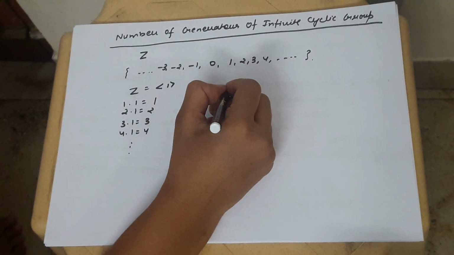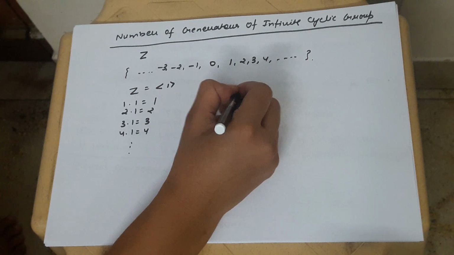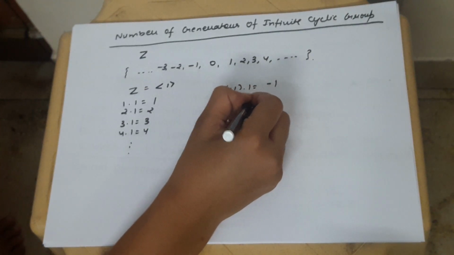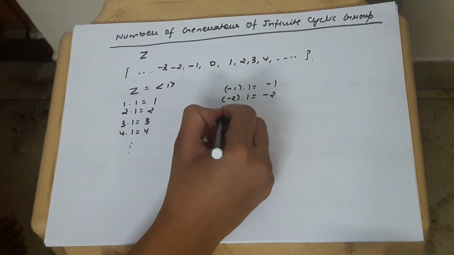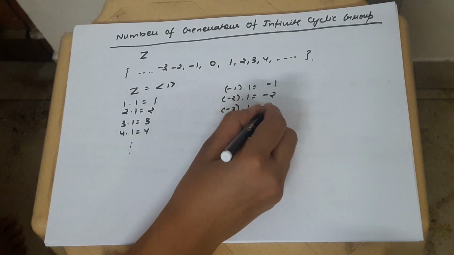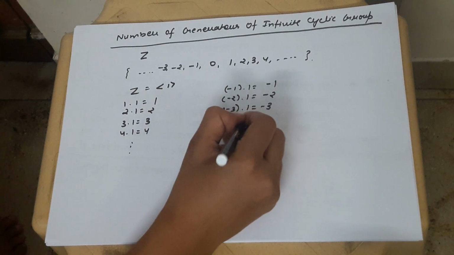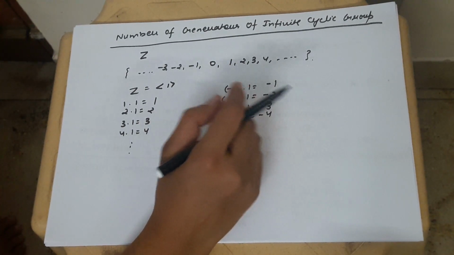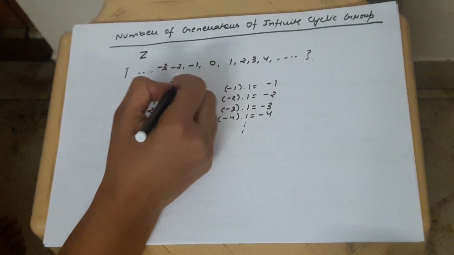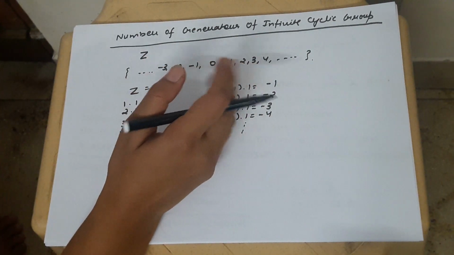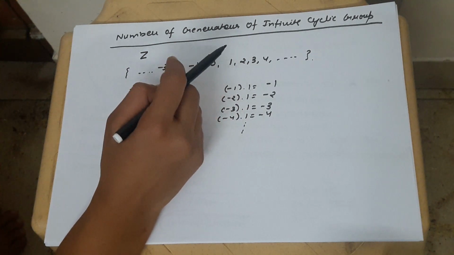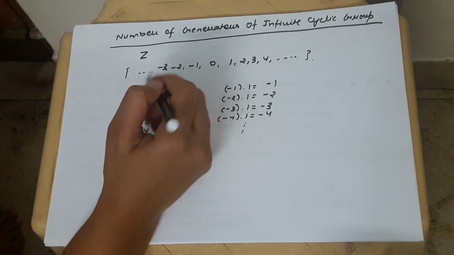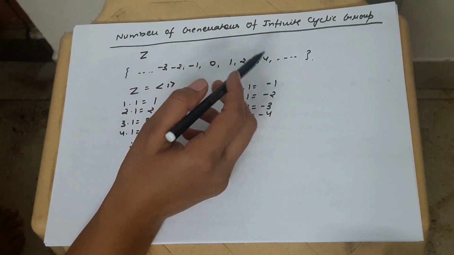In the same way, minus 1 into 1 is minus 1, minus 2 into 1 is minus 2, minus 3 into 1 is minus 3, minus 4 into 1 is minus 4 and so on. So in this way we are getting both sides. So 1 is the generator of Z. Now is 1 the only generator of Z, or can we have more than one generator of Z?